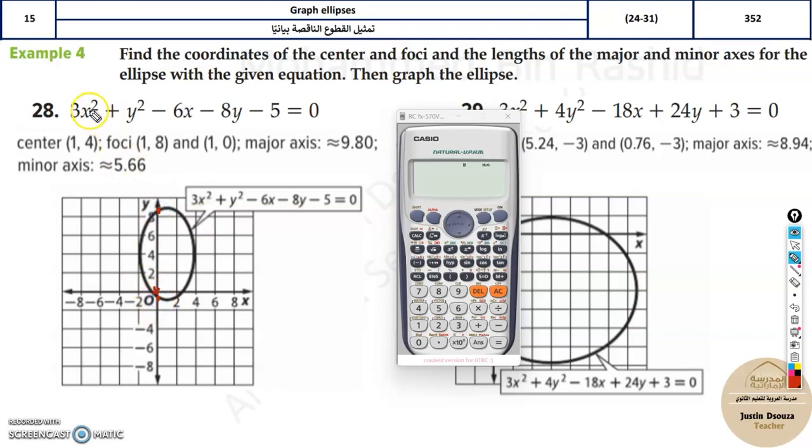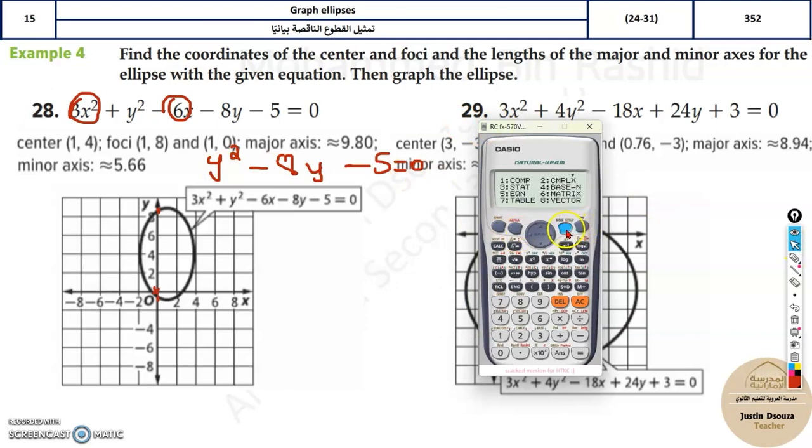So I will put everywhere x as 0. If I put 0, this is gone. This is also gone. I'm remaining with y square minus 8y minus 5 equals 0. This is a quadratic equation. I can solve it by mod 5 and 3. Let me put the values 1, minus 8 and minus 5. And what is the answer? 8.58.